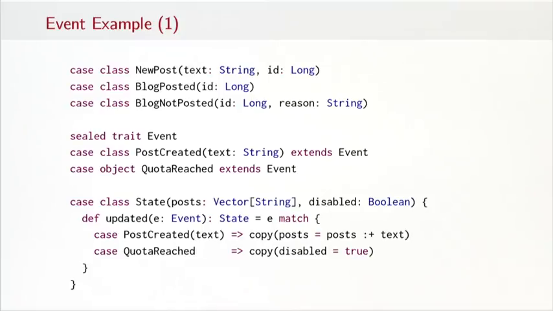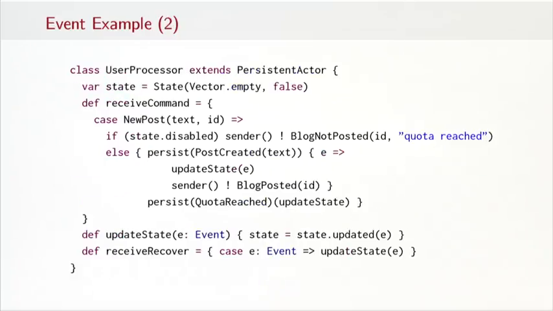With these preparations out of the way, we can take a look at the actor itself. The first thing to note is that instead of extending actor, we extend persistent actor. This trait defines the persist method that we have seen earlier, and it also runs this process of sending the to-be persisted events to the journal and receiving them back when they have been persisted.